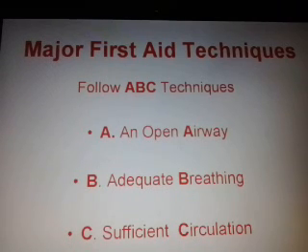Therefore, please keep in mind that as soon as any casualty occurs, supply of oxygen to the casualty's body is very important.